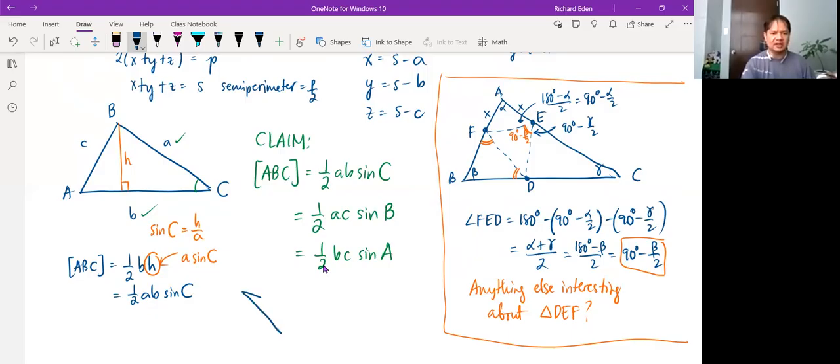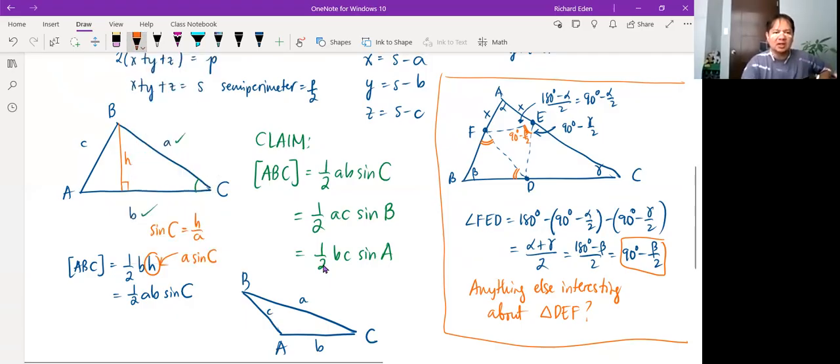Let's say the figure looks like this. This is C, this is B, and then this is A. So this is small a, this is B, and this is C, opposite. If we draw the altitude that's perpendicular to AC, it would be this.